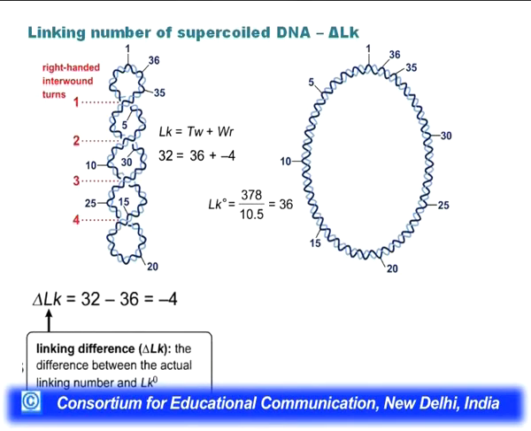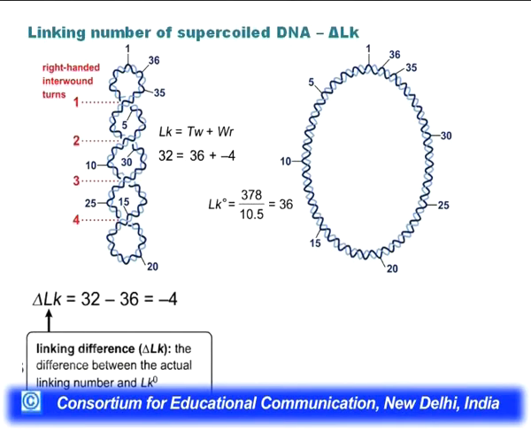So, these are the two different states of a single DNA molecule. For a single covalently closed circular DNA, the linking number is constant under a particular condition. If you try to change it, it will not change unless you introduce the component of the writhe. So, when you introduce this coiling, the linking number changes. The LK naught was 36 and LK is 32.